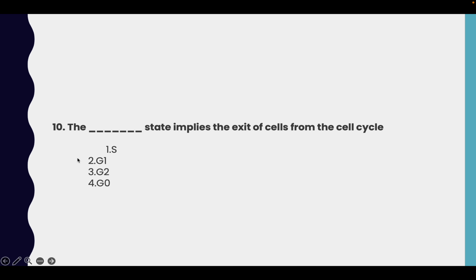Which of the following states implies the exit of cells from the cell cycle? G naught. Option 4.